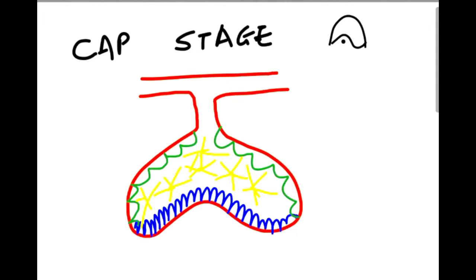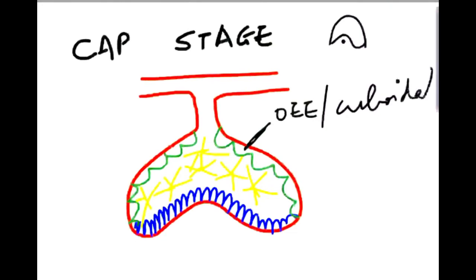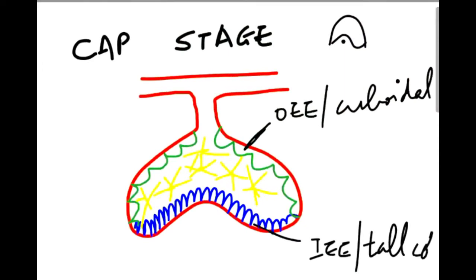The cells which line the convexity of the cap are the outer enamel epithelium, and they are cuboidal in shape. The cells which line the concavity of the cap are called the inner enamel epithelium, and they are tall columnar. And in the center, there are stellate reticulum cells.